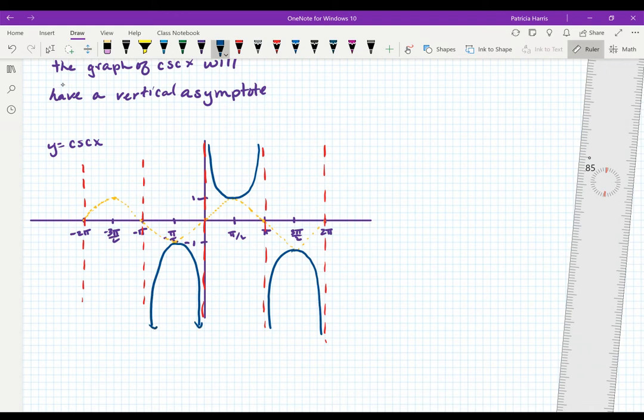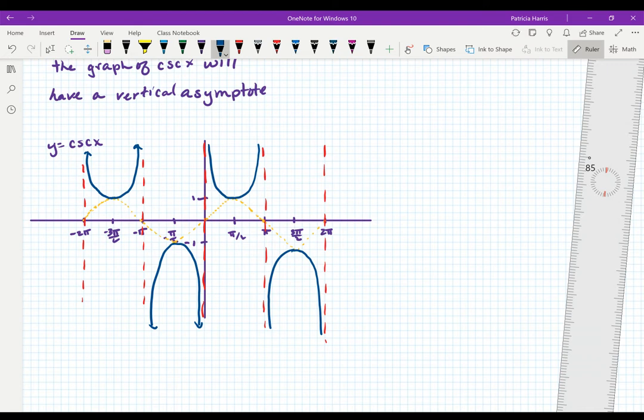We can do a table of values so you can actually see how the values change, but that's the basic graph. So that's my cosecant graph. Notice I use sine as a guide.